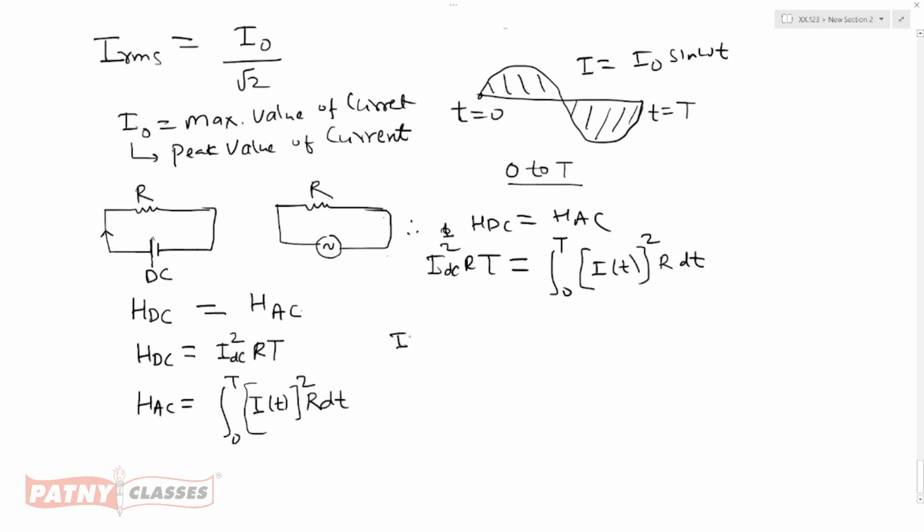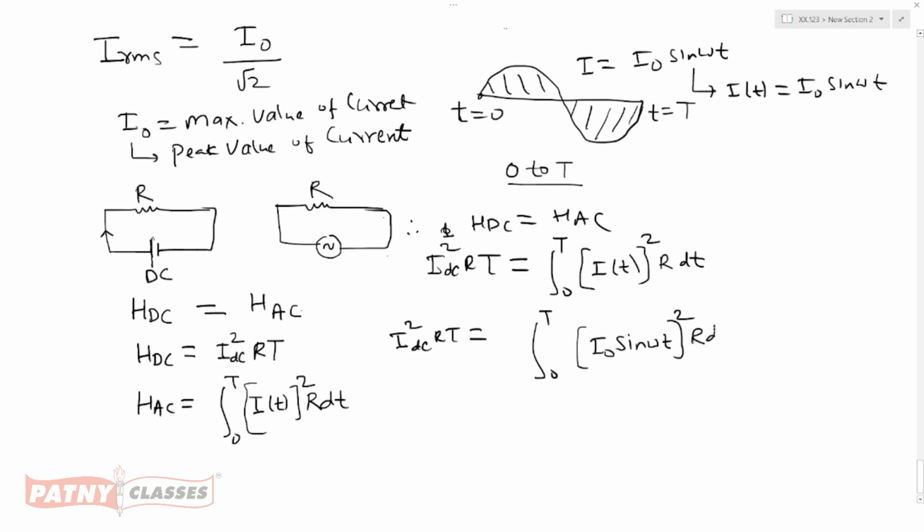So we have I square dc RT on the left, and on the right, integration from 0 to T. In place of I of t, we write I naught sin omega t. So I naught sin omega t whole square multiplied by R with respect to t.